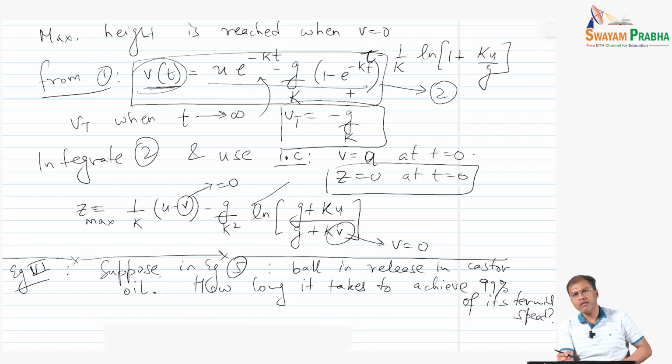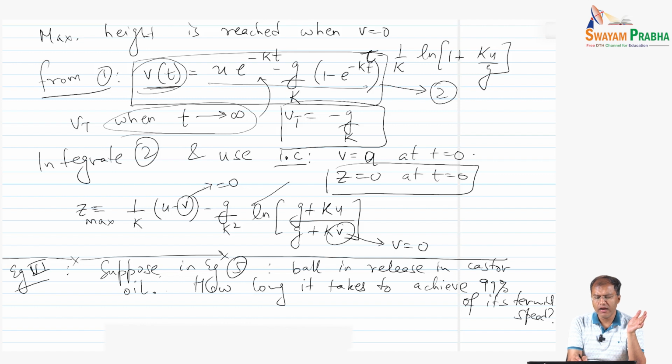So the velocity is never going to reach the terminal velocity, or it reaches the terminal velocity at infinitely long time, right? So practically the particle is never going to reach the terminal velocity. So this question says, how long does it take to achieve 99% of its terminal velocity, right?